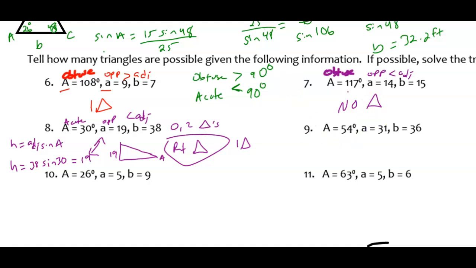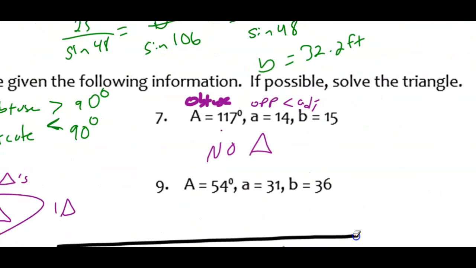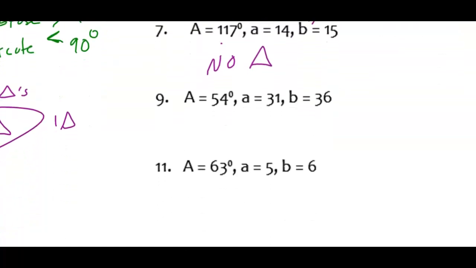Over here, let's see. A is smaller than 90, so it's acute. It's an acute angle.